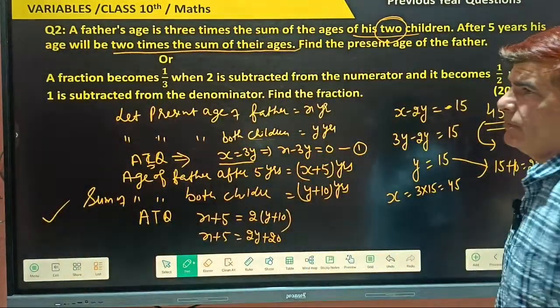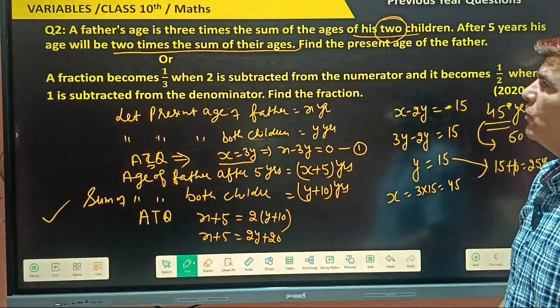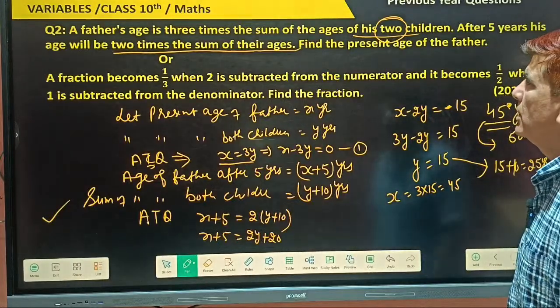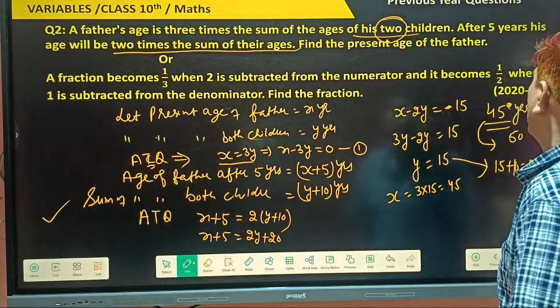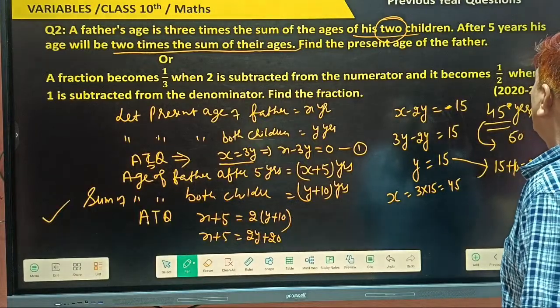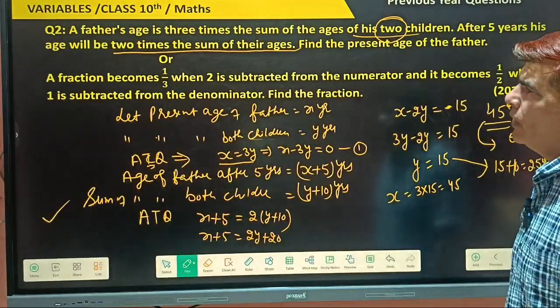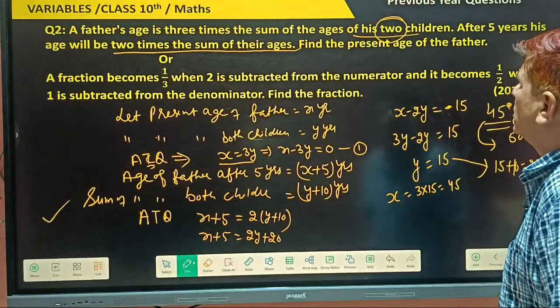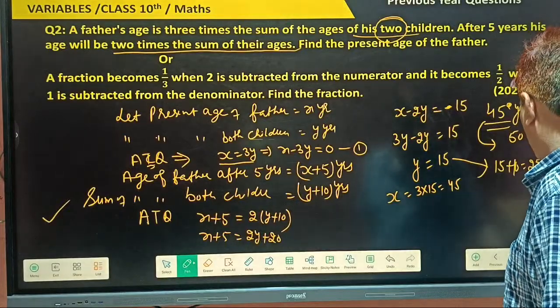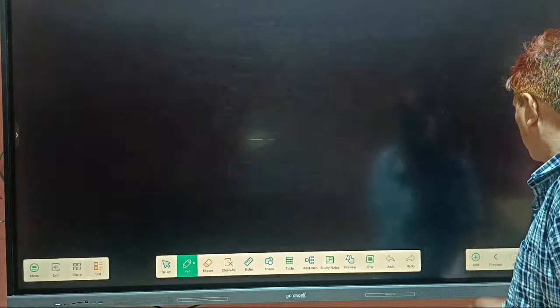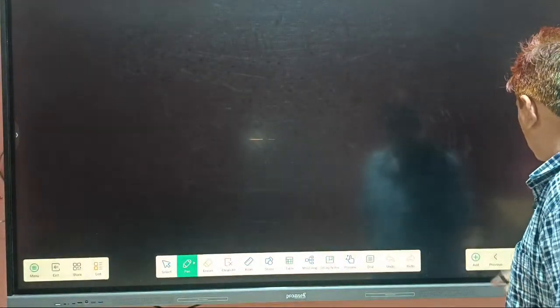Got it. Next one. A fraction becomes 1 by 3 when 2 is subtracted from the numerator, and it becomes 1 by 2 when 1 is subtracted from the denominator. Find the fraction. So we can start this type of question like this.